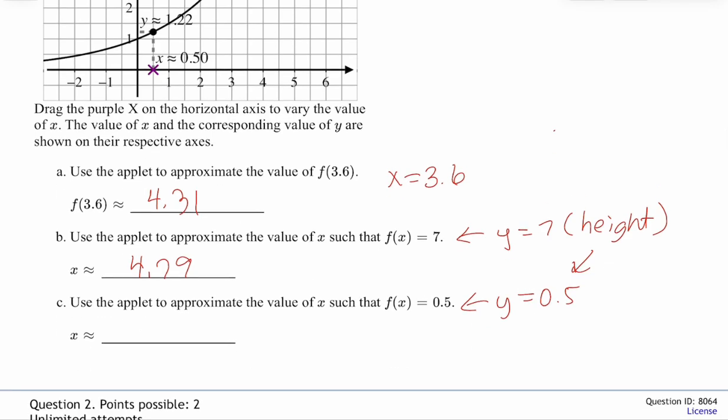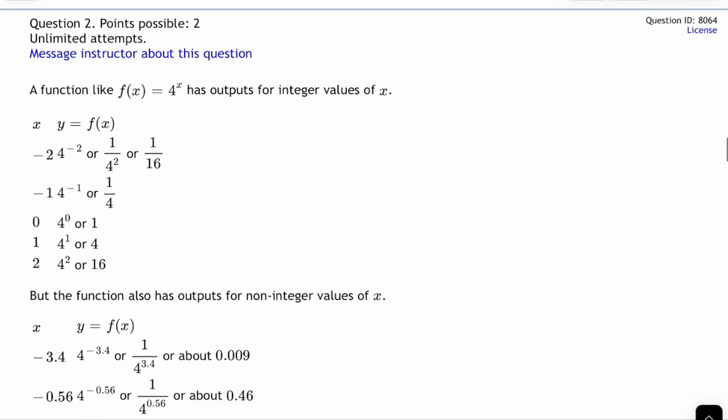So it's negative something. What'd you get? Negative 1.73. Okay. So they're having you explore. When are they giving you the height? When are they giving you the x value like we've done in the past? So hopefully you've got that working.